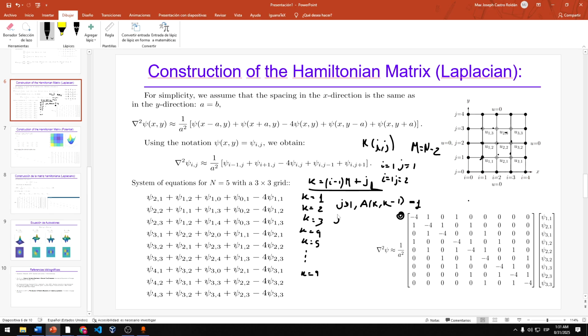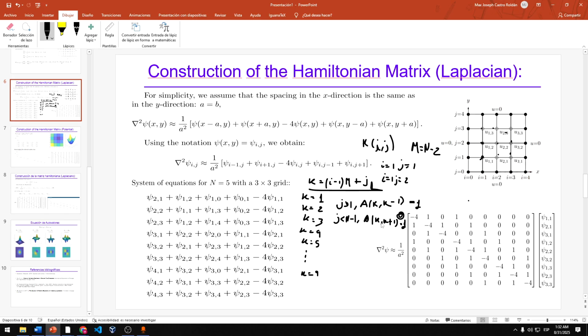Ahora, podemos decir también que si j es menor a n menos 1, como yo dije, n es el número de nodos externos, A de K a K más 1 va a ser igual a 1.